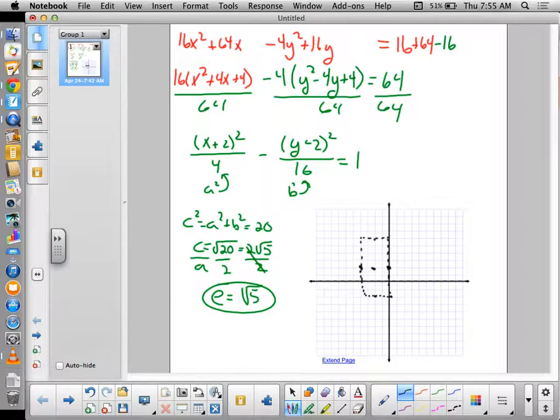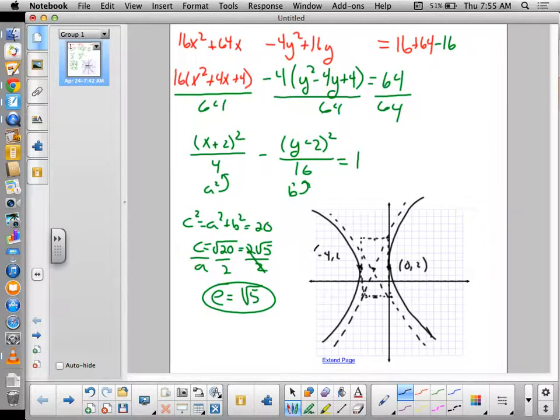All right. My diagonals then get drawn in. My asymptotes do. And it's a left-right opener. So my vertices here are at 0, 2 and negative 4, 2.